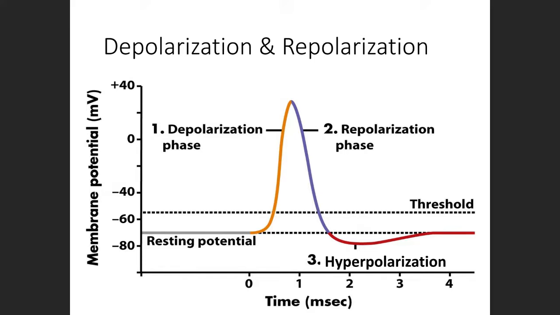As the sodium ions begin to rush in from an adjacent part of the neuron, we start seeing an increase in potential. And when it hits about negative 55 millivolts, that's enough sodium ions to bring up the potential to open up the sodium ion gates, allowing in generalized depolarization.